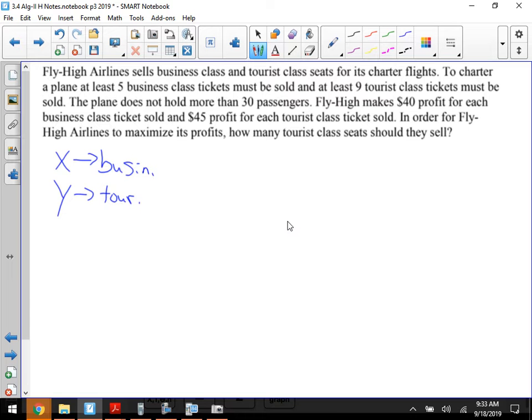Well, they talk about $40 profit on business and $45 profit on tourists. So when I write up my objective function, which is the object of the problem, I have $40 in profit per business class seat plus $45 profit per tourist seat. That's your objective.